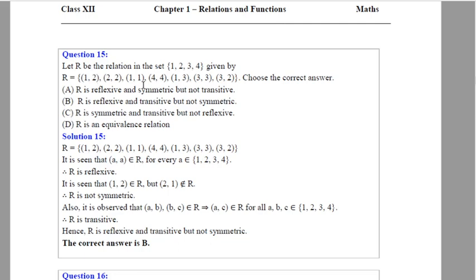See here, (1, 3) and (3, 1). Okay, this is also finished. See here, this (3, 2) and (2, 2). (3, 2) is left. Okay.